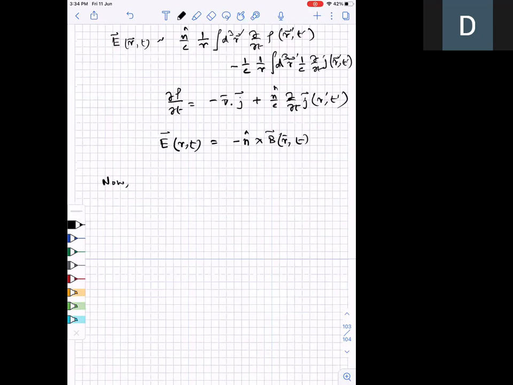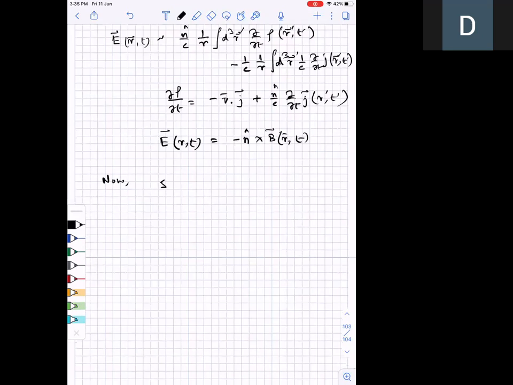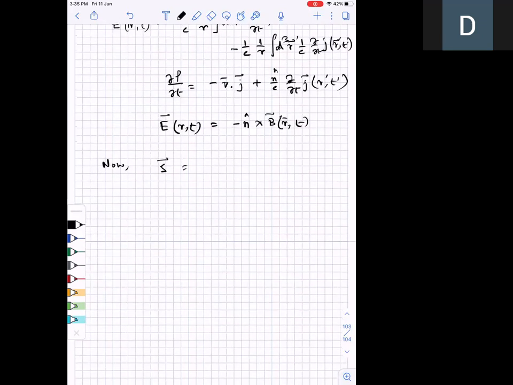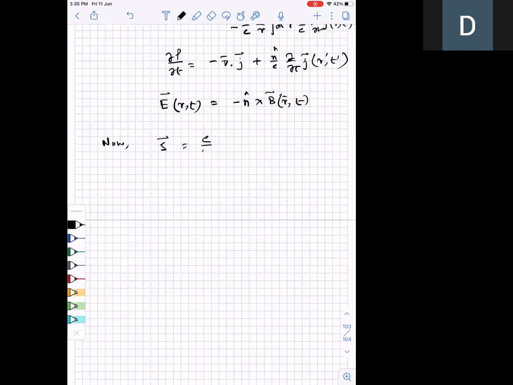So the final result is interesting. Bear with me a little bit. My S, my flux, is basically C by 4 pi E cross B, which is equal to C by 4 pi E squared.